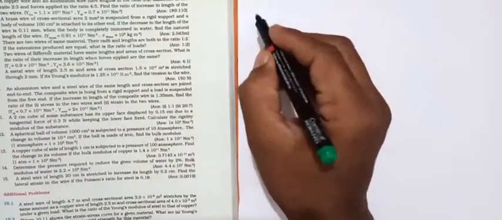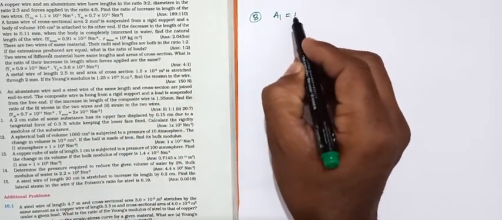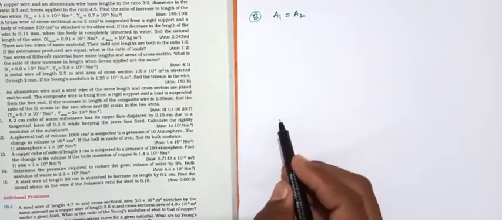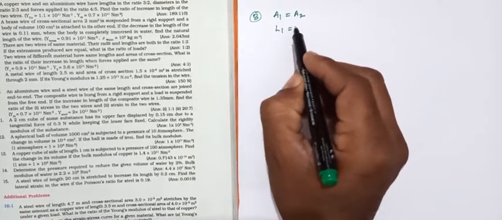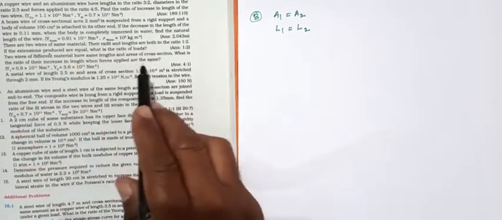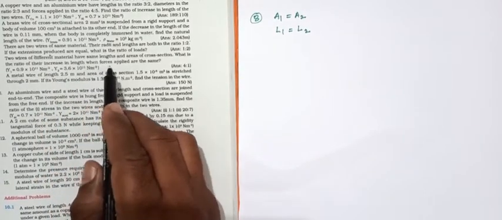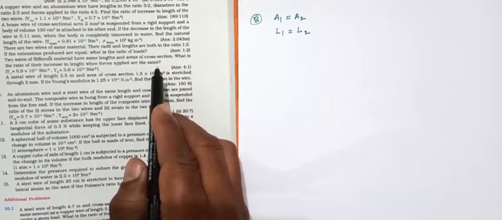So now we will discuss problem number 8. Two wires of different material have the same length and area of cross section. So areas A1 equals A2, lengths L1 equals L2. What is the ratio of their increased length when the forces applied are the same?